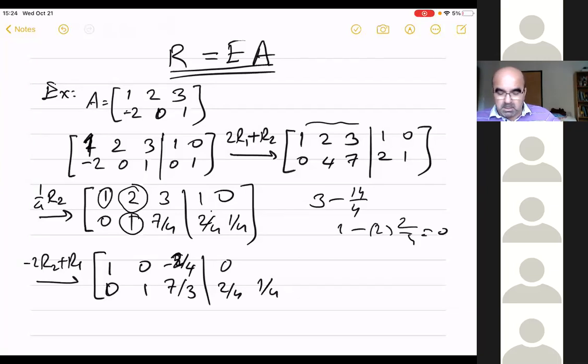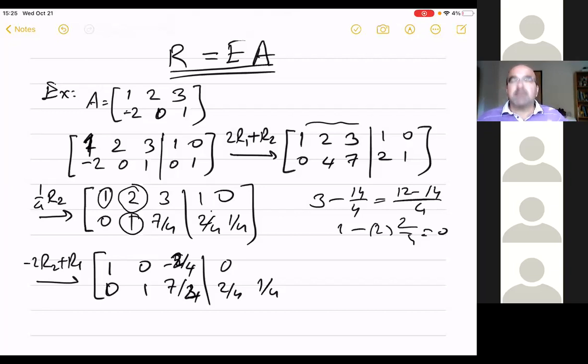Ufak bir dikkat hatası olmuş. Hocam bu arada bölüyorum ama 61 kişi olduk. Tamam. Bir şey olursa çaresine bakarız.